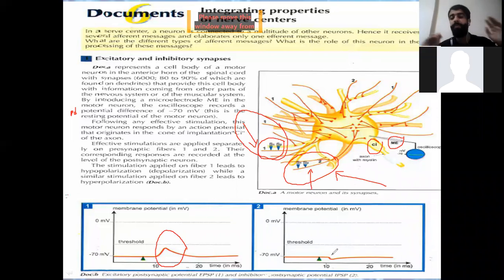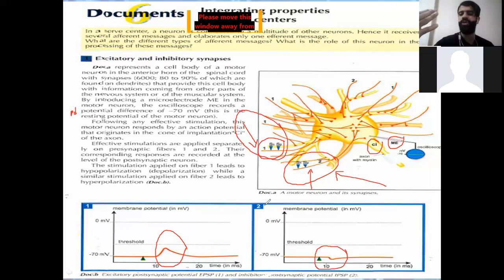So what does this mean? Hyperpolarization is an increase in the negativity and a decrease in the positivity. Hyperpolarization is more negative than the normal, which is seen in figure 2 of document B. So it's more negative than the usual.